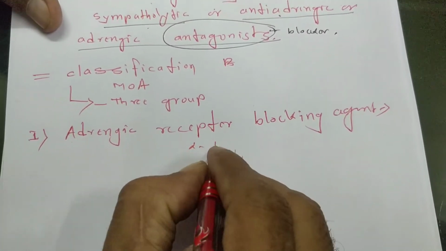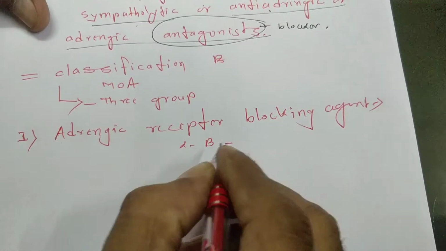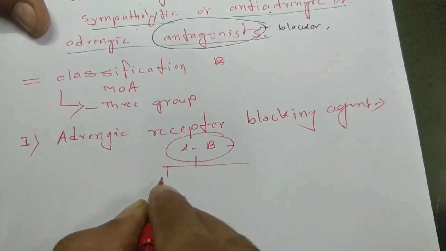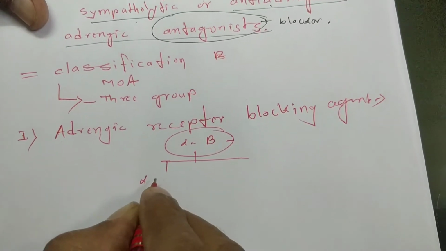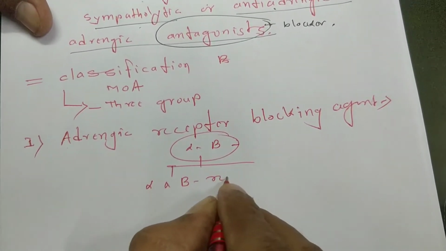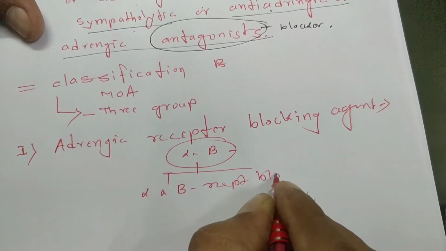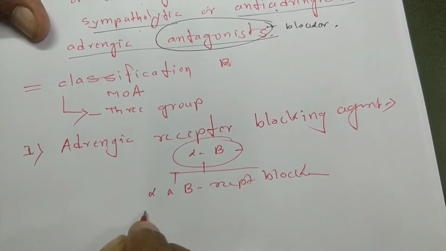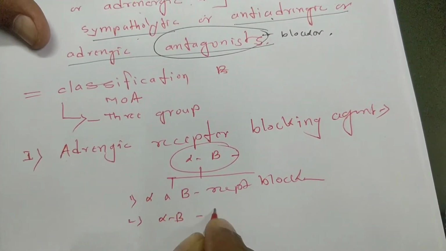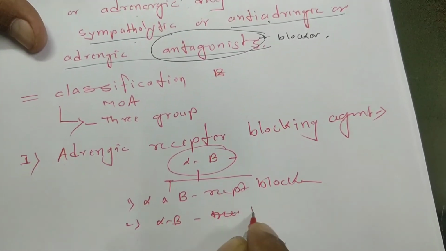They are alpha and beta receptor blocking agents. They can be further classified into alpha receptor blocker, beta receptor blocker and alpha plus beta receptor blocker.